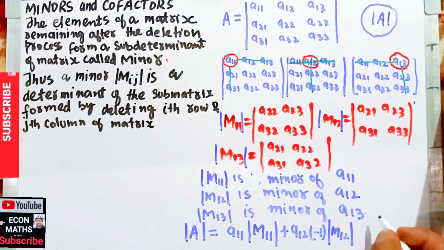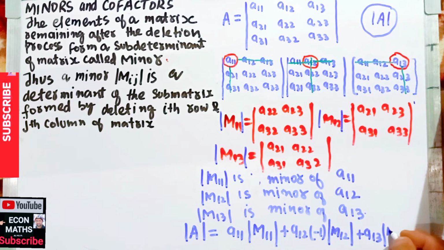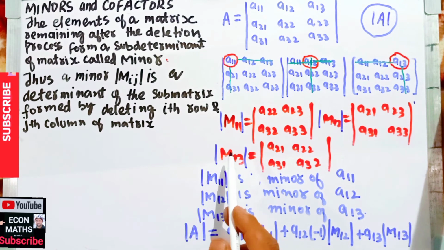Similarly, this third element, that is A13, plus A13, multiplying this by this third minor, that is M13. So this is how we write the determinant. We can write the determinant like this also.